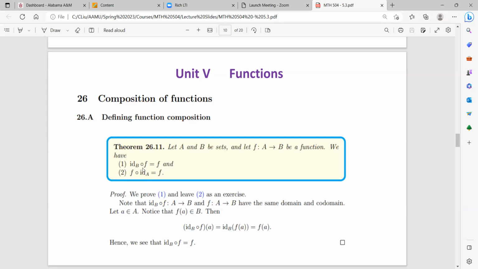One is from the left, one is from the right, and both are needed in order to show that the operation from the left and the operation from the right, composed with another function, give the same function. Just like when you show an inverse function, you need to show it from the left and from the right, as we're going to see later.